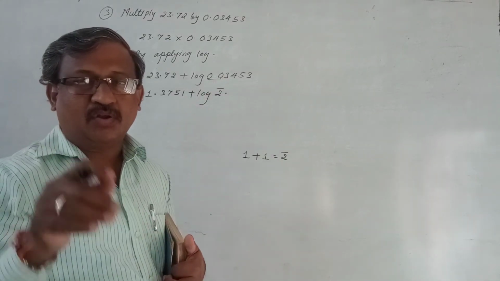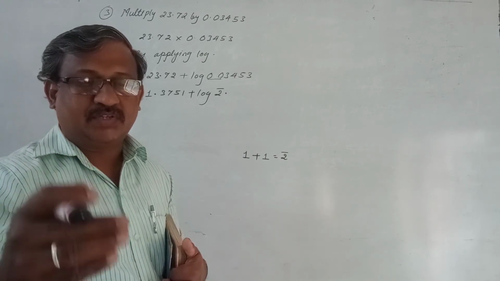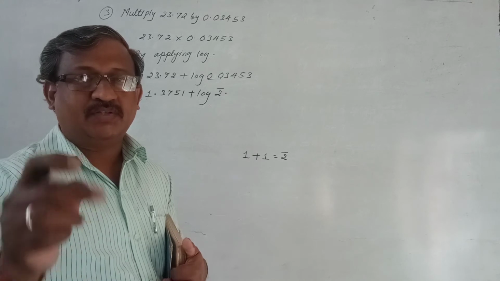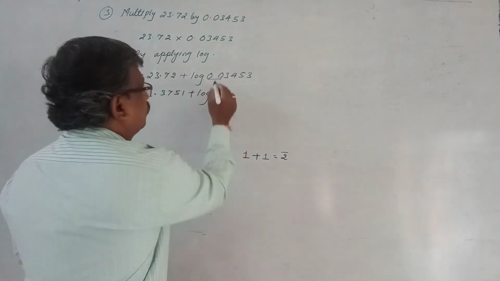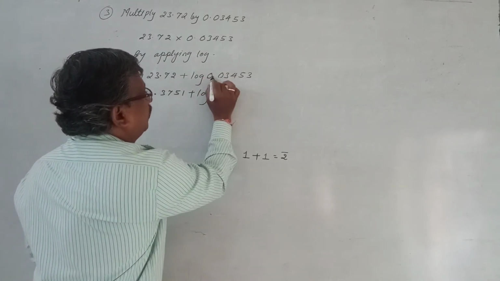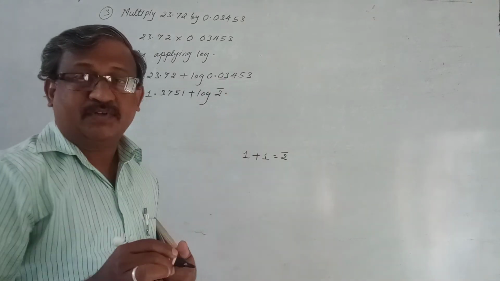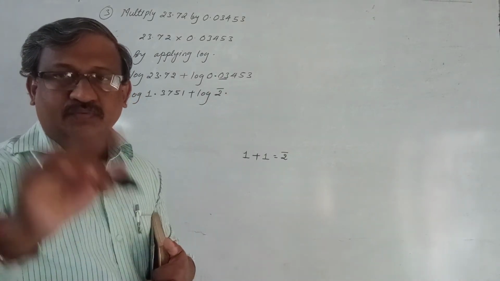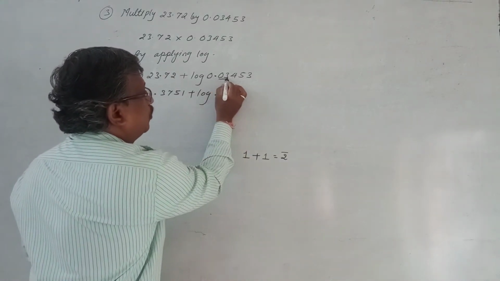We cannot see, because in the logarithm table the values in the first column start from 10 onwards: 10, 11, 12. They do not start from 01, 02, 03, 04 or 00. Even if we leave this 0 and see 03, in the first column also we cannot see it, because values have started from 10.